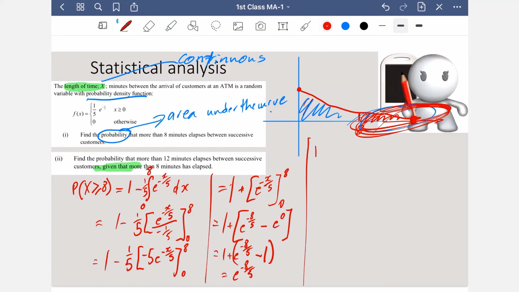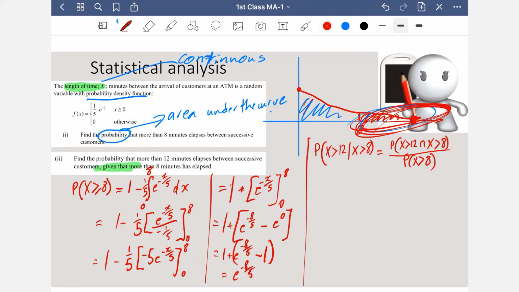So when we write our statement, the probability of x is greater than 12, given that x is greater than 8, well, that's going to be the probability that x is greater than 12 with the intersection of x is greater than 8, over the probability that x is greater than 8. Now, where am I getting all of this from? The formula is supplied on the formula sheet.